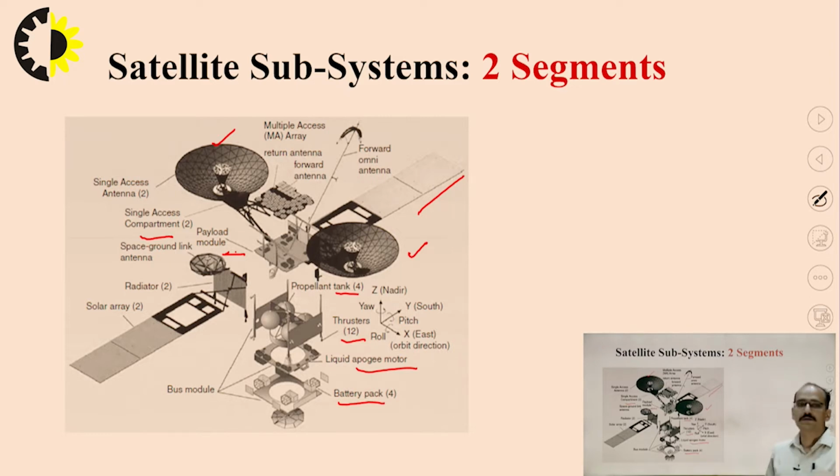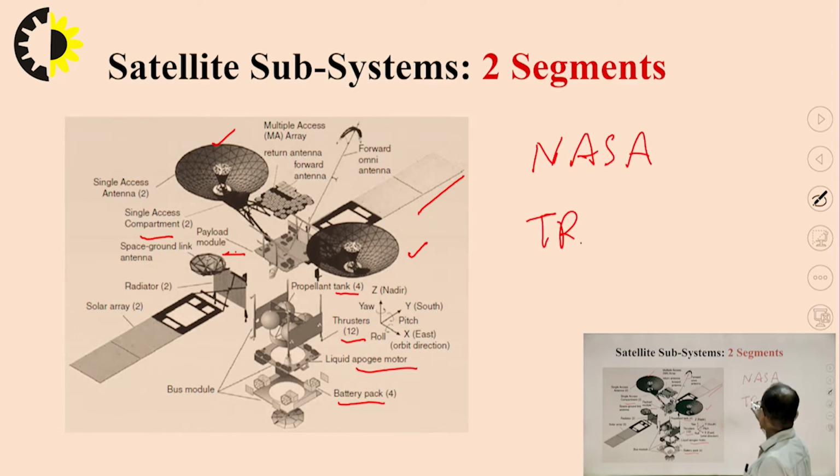These all blocks, or we can say all devices, combinedly make a satellite. And whenever you want to explain any satellite's working, you have to identify the functioning of these various blocks. Basically, we are showing here the NASA TDRS satellite for your reference. If anyone wants to know which satellite this picture is of, that is basically NASA TDRS.